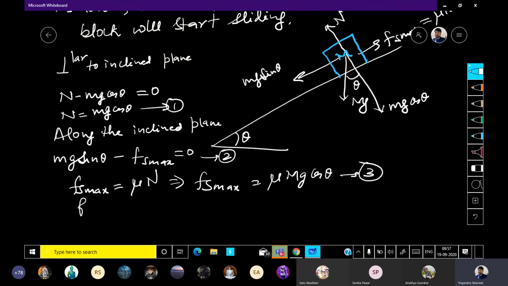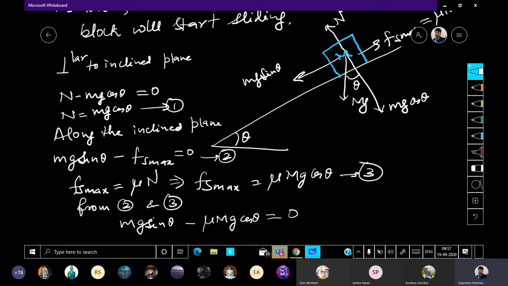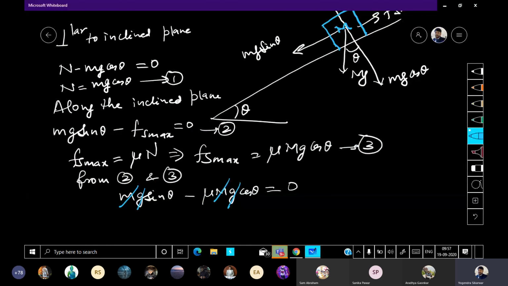From 2 and 3, mg sin theta minus mu mg cos theta is equal to 0. Now m will get cancelled, g will also get cancelled.